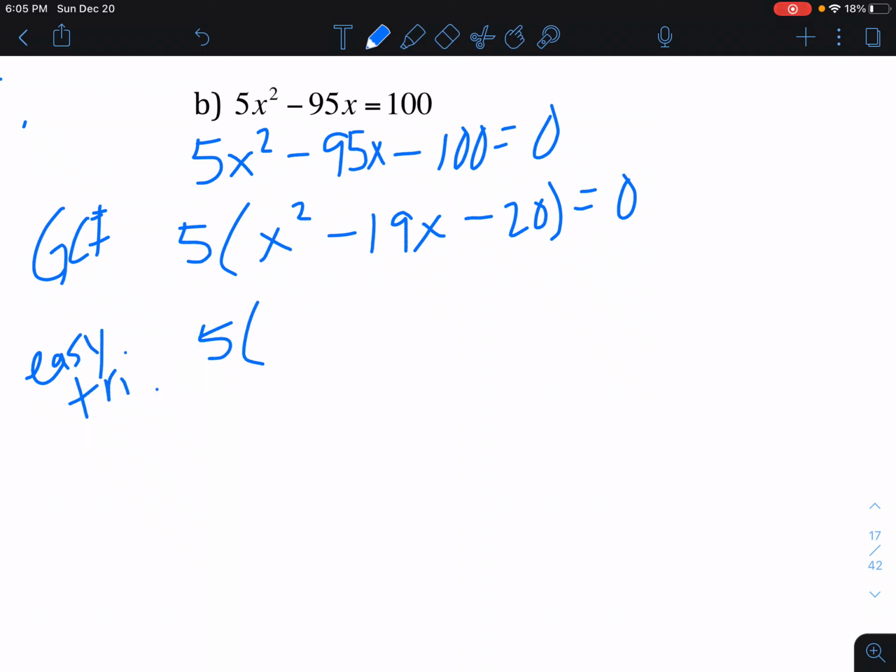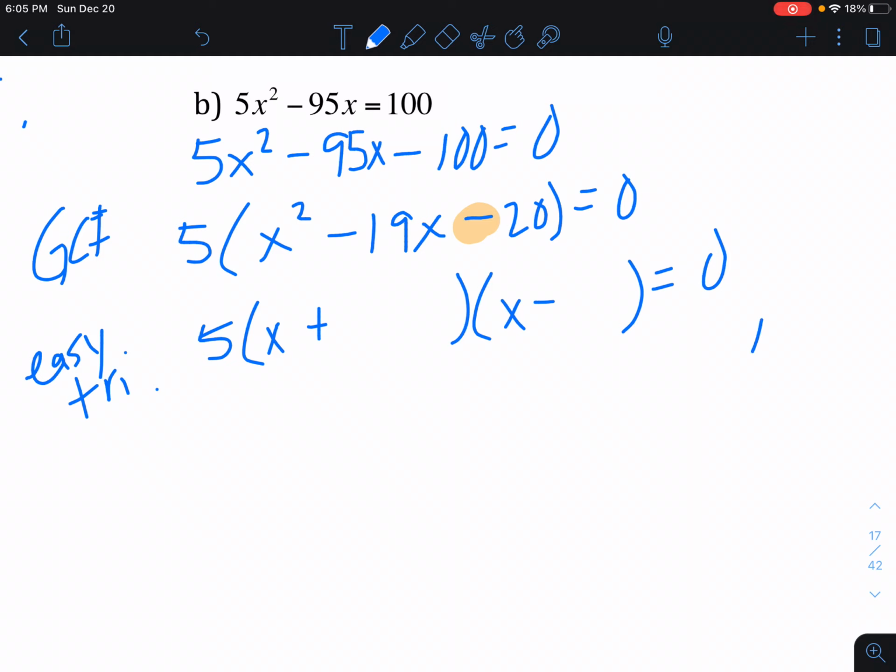So bring down the 5 and go to 2 parentheses. What do your signs have to be? Tell me both signs. Remember, the C term is a minus. Your signs are plus, minus. All right, now you want to write down your factors of 20 on the side.